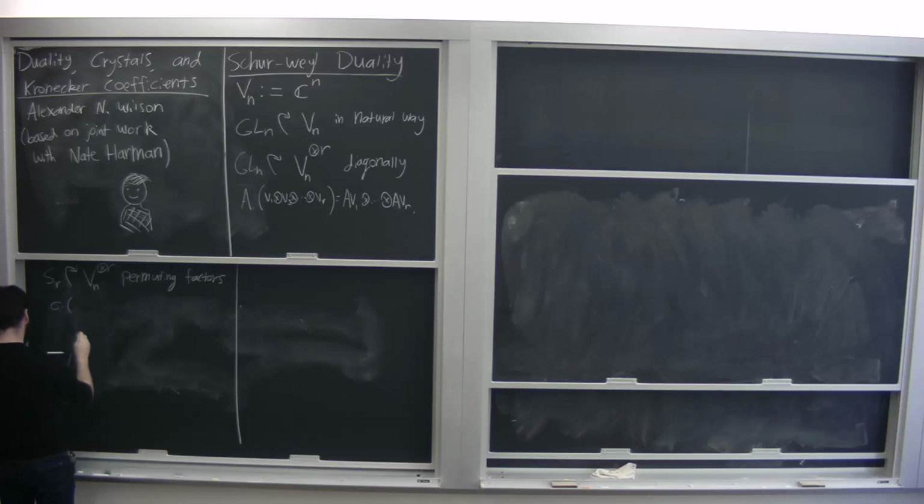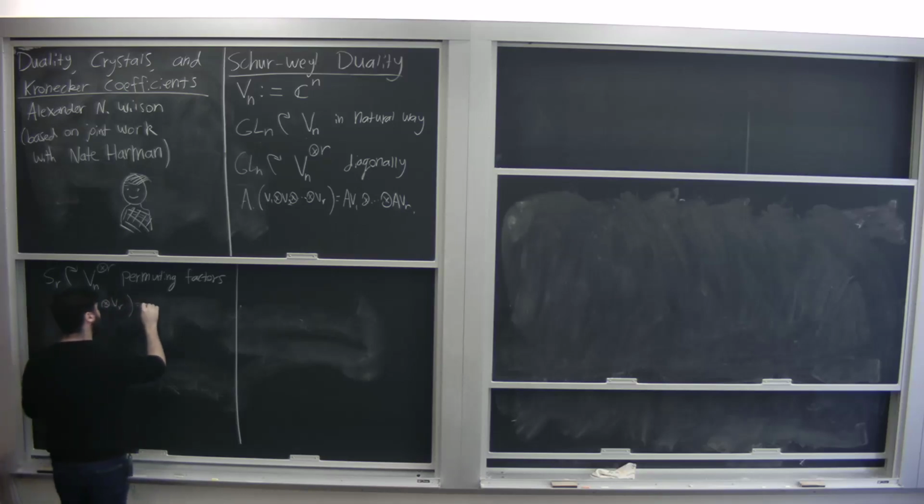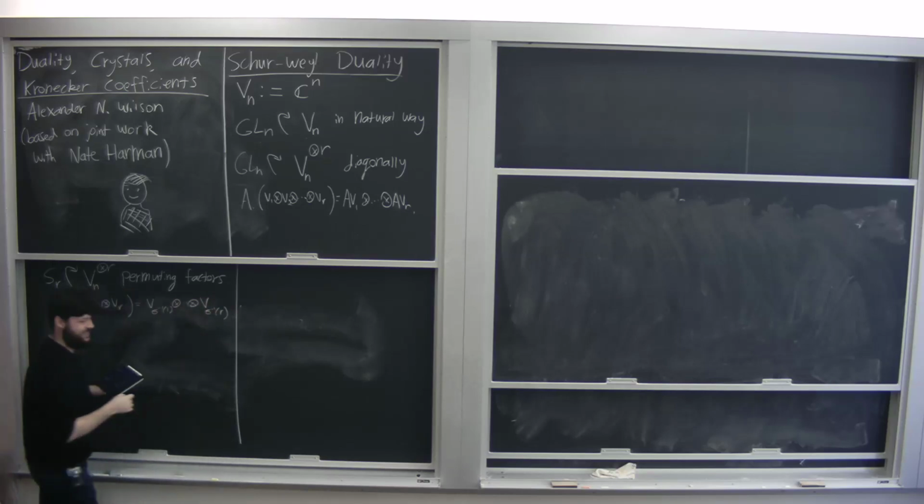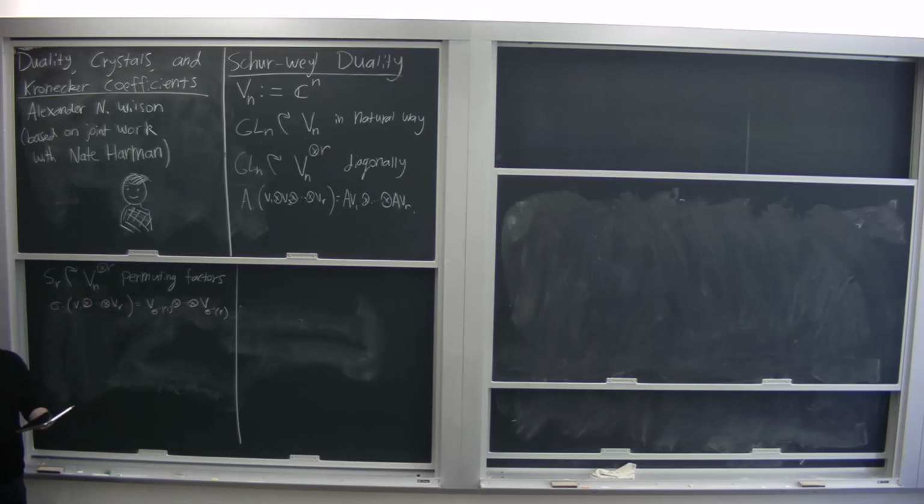So sigma, a permutation in S_r, is going to act on the sequence of vectors by rearranging. And we have to put the sigma inverse in there just to make sure we have a left action like we want. But essentially, these are our two actions on this space.